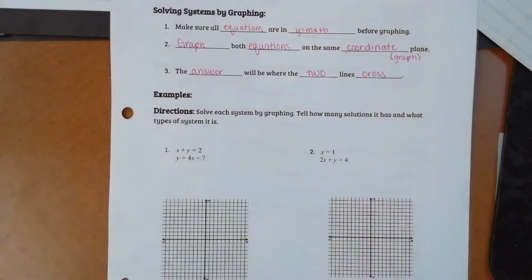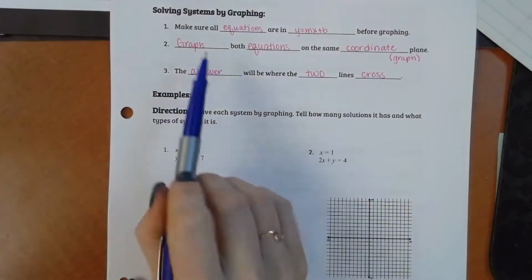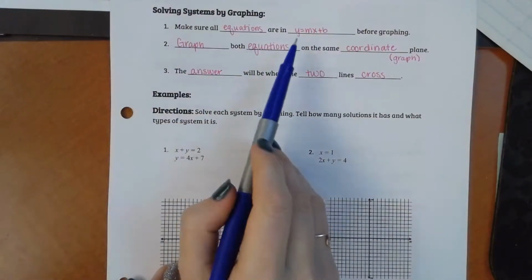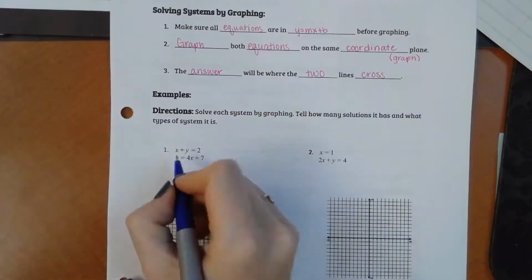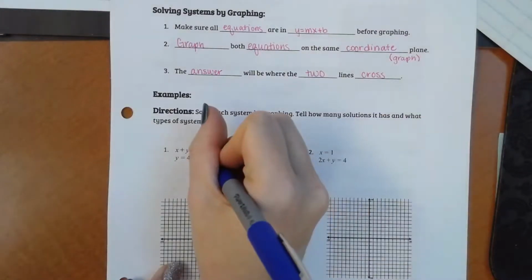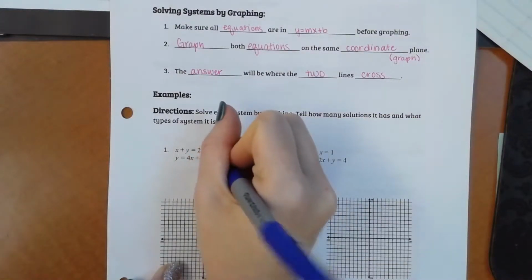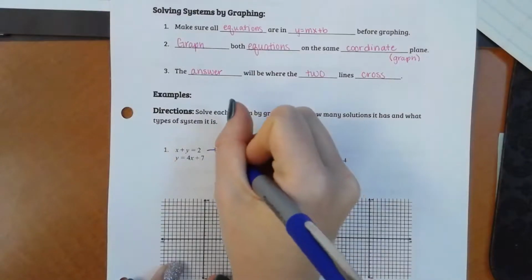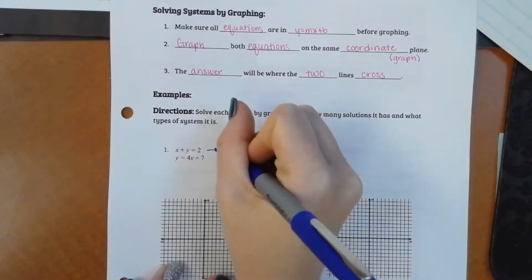So if we are following our steps above, we need to make sure that all of our equations are in this y equals mx plus b. So this second one is already there, so we don't need to do anything with that, but we do need to change this top one. So let me just rewrite that.